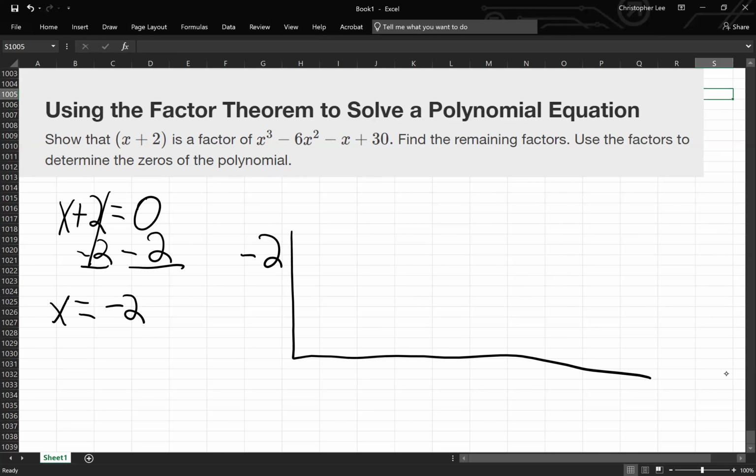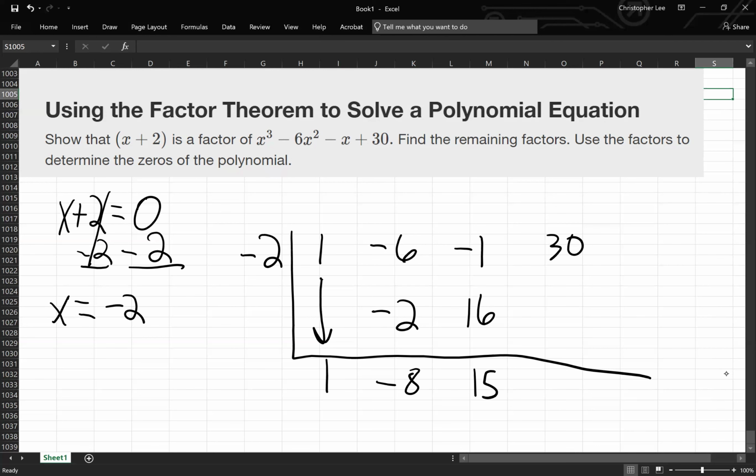This is going to be 1, -6, -1, 30. First things first, bring down that 1. Now, -2 times 1 is -2. Let's add these up. -6 plus -2 is -8. -2 times -8 is +16. -1 plus 16 is 15.